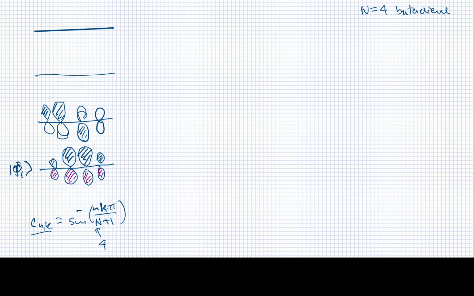So we'll end up like this. And to draw in the negative parts of these lobes. So we'll have a molecular orbital that looks something like this.